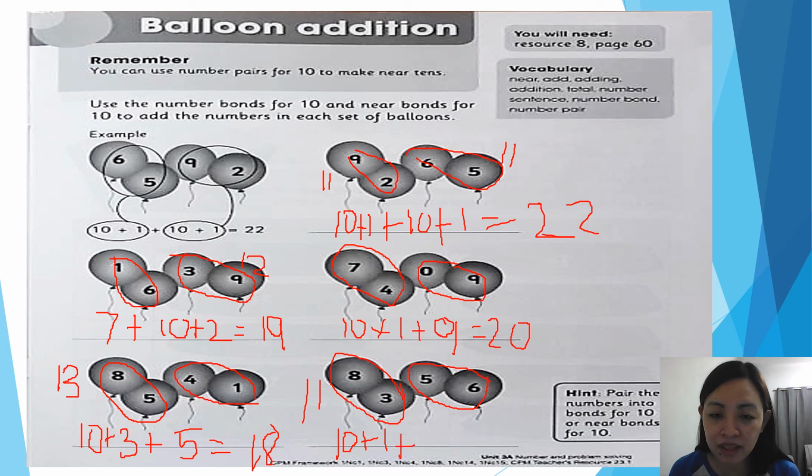Okay, also 11. So 10 and 1. So 10 plus 1 is 11 plus 10 is 21 plus 1 is same also with the others, 22.